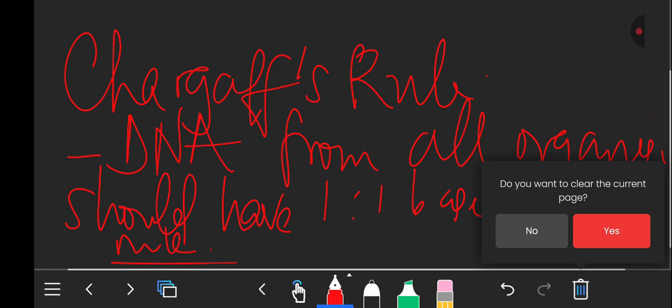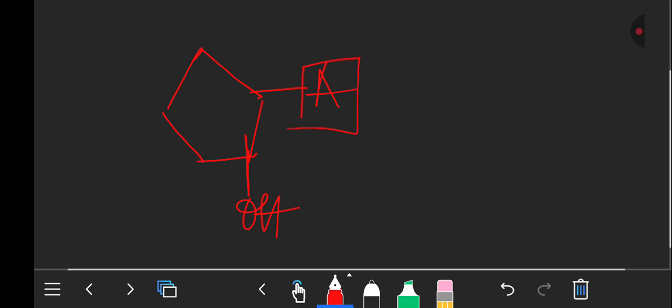So the next thing which we are going to talk about, let's look at some structures. Let's say you have something like this. Then there you have the OH. Then we have, of course, the nitrogenous base. Let's say that is the adenine. Then of course we have the phosphate. Now, because in this compound we only have one phosphate group, the name will start with the nitrogenous base.